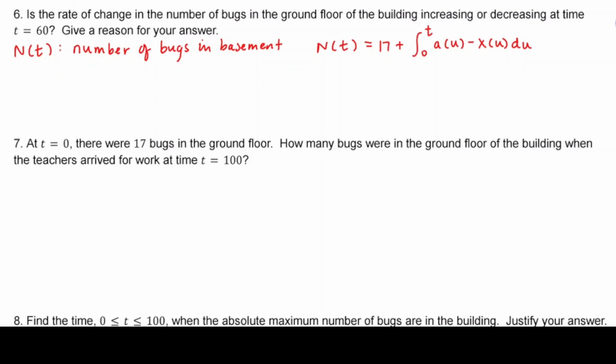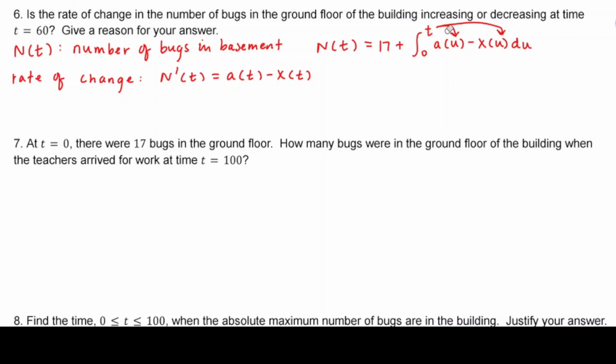And then, because really what I'm interested in is the rate of change, that is going to be n prime of t, which I could compute, throwing t in for the dummy variable. That would be a of t minus x of t.